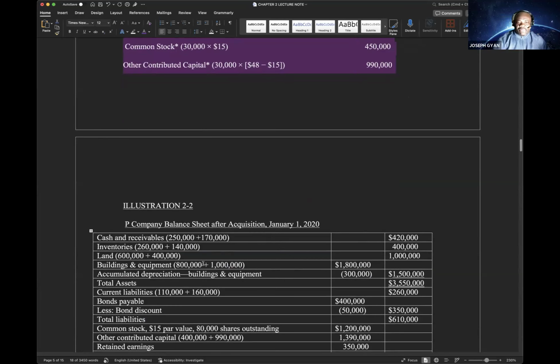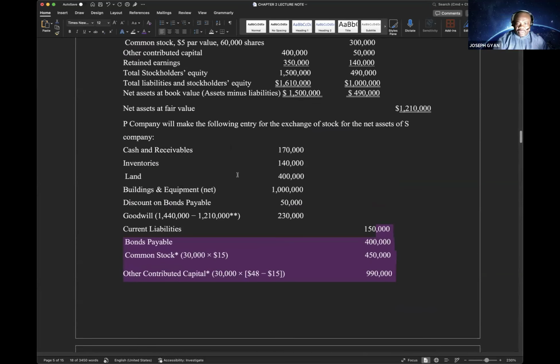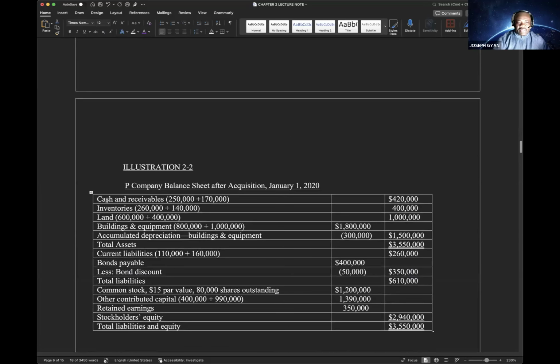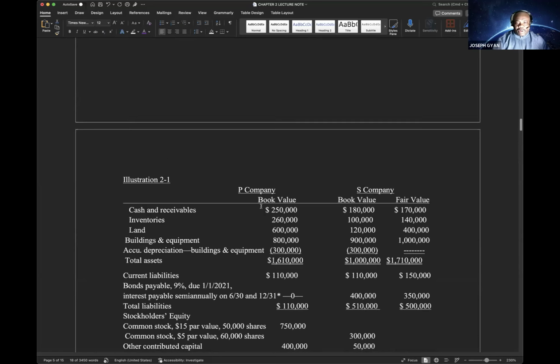Now, for P company's balance sheet, we have to combine the two companies together. So the balance sheet of P after the acquisition is going to be as follows. First, the cash: P company cash is 250, S company cash is 170, so you add them together. Inventory 260 plus the 140.